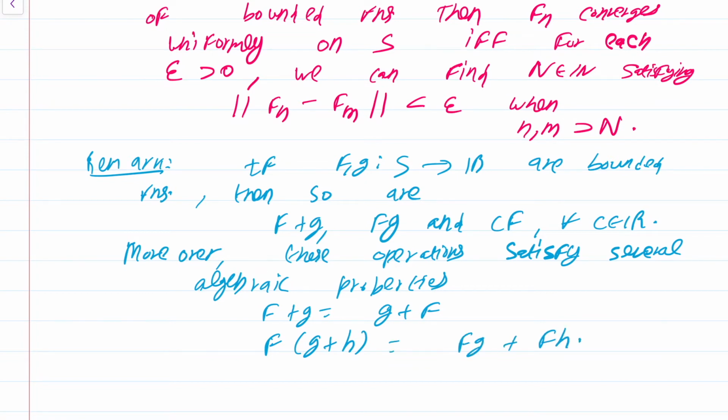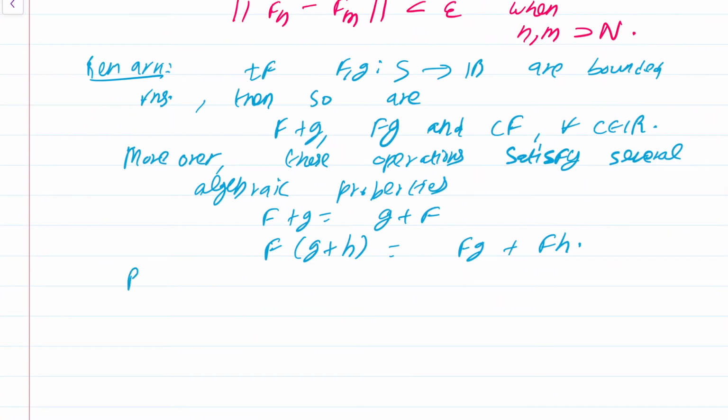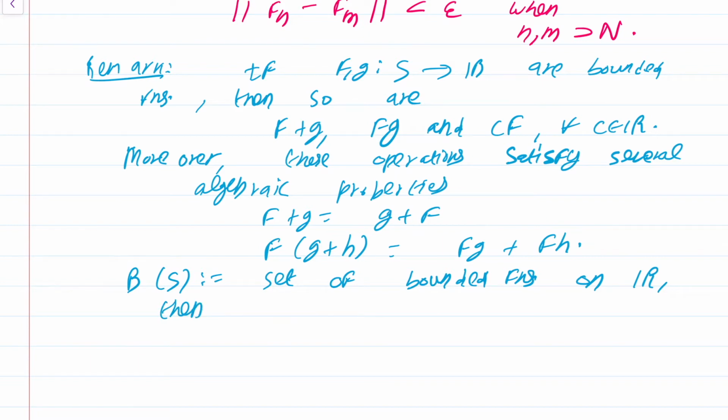In short, if you let B(S) be the set of bounded functions on S, then B(S) will be a vector space and a ring.